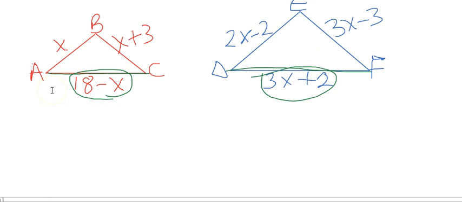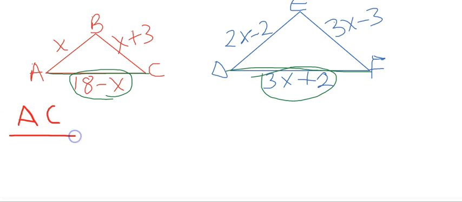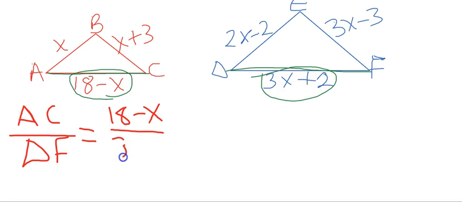So we know AC. Okay, let's take the big one. So AC over DF, right? That's the corresponding side. Is going to equal 18 minus x over 3x plus 2, right?